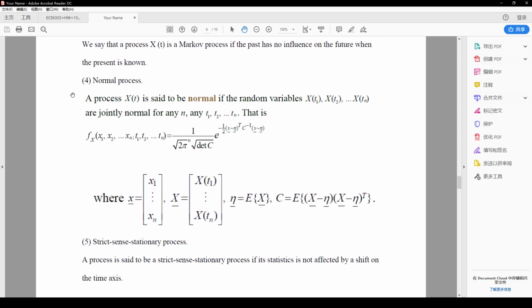And the fourth part is the normal process, also called the Gaussian process. The definition is that the variables are jointly normal for any n and t.